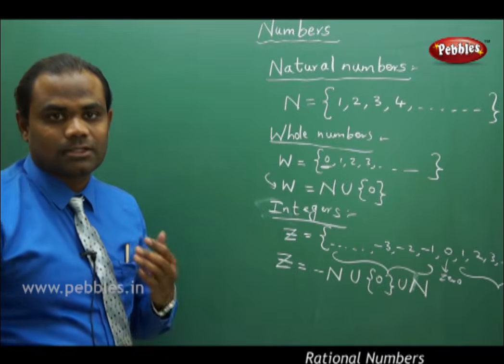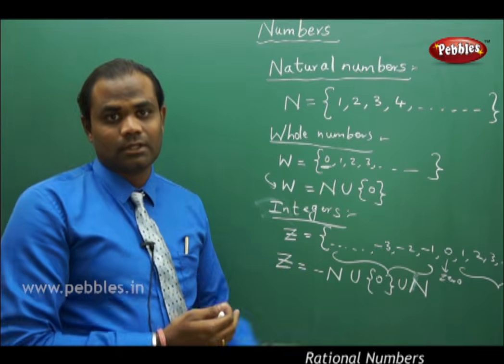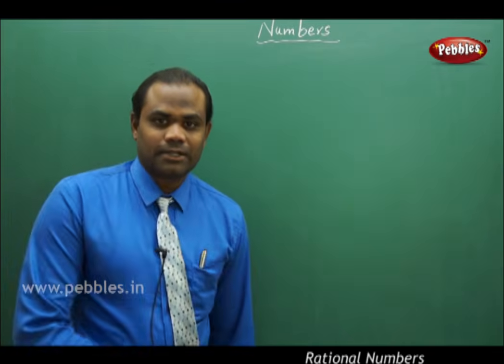Next comes the set of rational numbers, which is what we're going to discuss in the present session because it is more important compared to all these other sets of numbers.